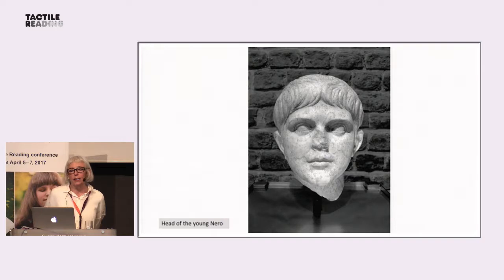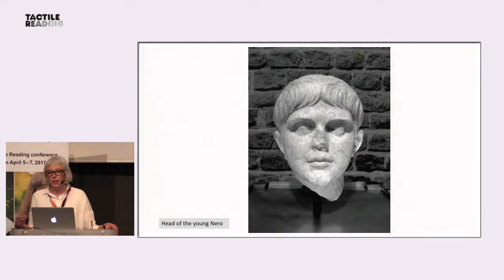And I will continue with another example, and this is a picture showing the head of a young Nero, and it's a sculpture. It was about 30 years later when the scholar in psychology, F. Revesz, wrote a book, Psychology and Art of the Blind, where he explored and discussed what happens when blind people themselves make art, and also how they can understand from touch.